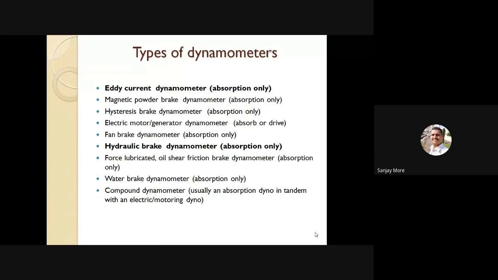Don't write down absorption only, because not all of them are absorption only; the compound dynamometer is absorption or coupled with an electric motor dynamometer. Second, magnetic power brake dynamometer. Third, hysteresis brake dynamometer.